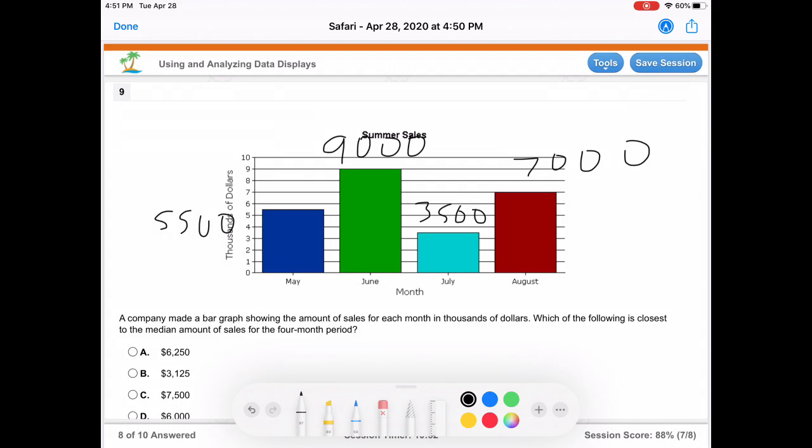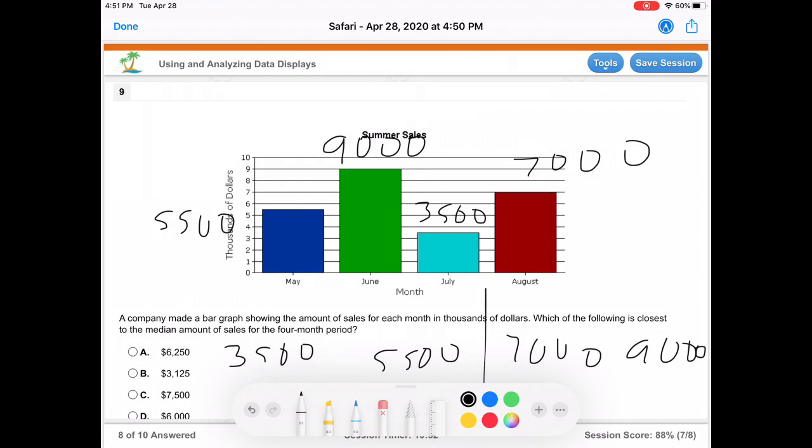So the median amount means we need to put these numbers in order and figure out which one is in the middle. So we have 3,500, then 5,500, then 7,000, then 9,000, and right in the middle is going to be between 5,500 and 7,000.